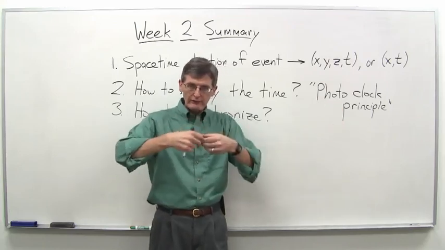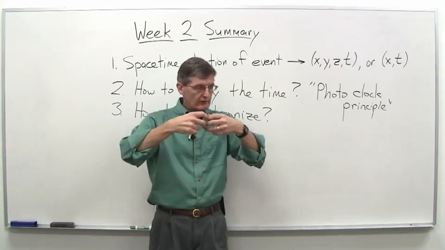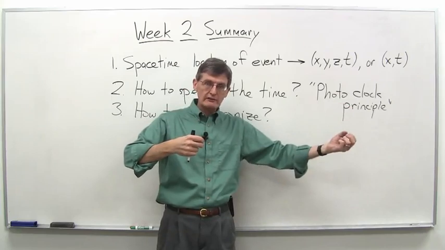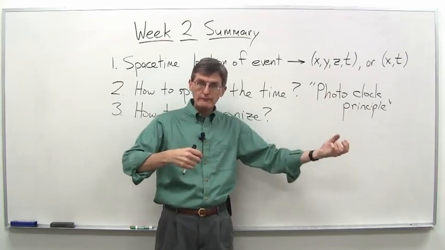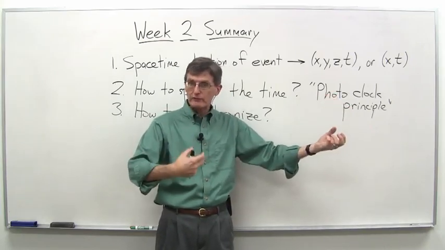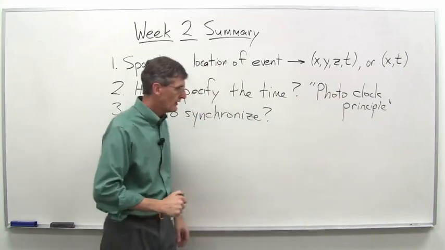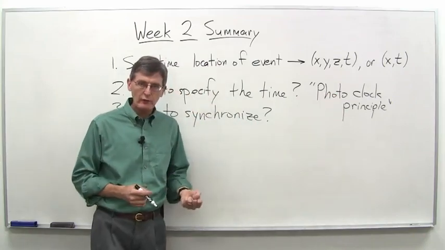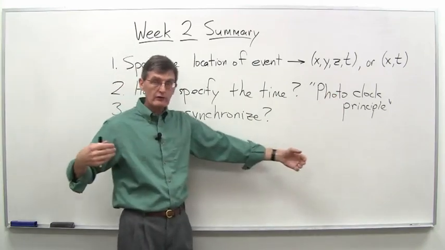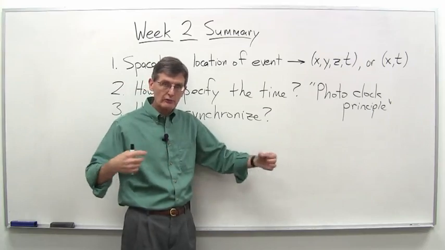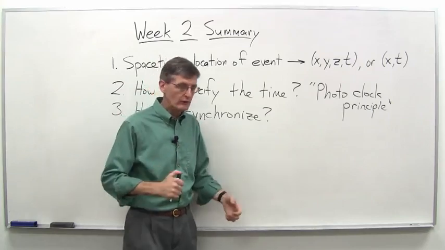The master clock sends out the light signal at 12 noon. 5 minutes later, it reaches that clock and turns it on. So it's reading 12:05, the same as the master clock, and so on and so forth for all the other clocks. So that is certainly another way we could synchronize all our clocks, and it avoids this little problem that once you start moving clocks with respect to each other, they get out of sync.